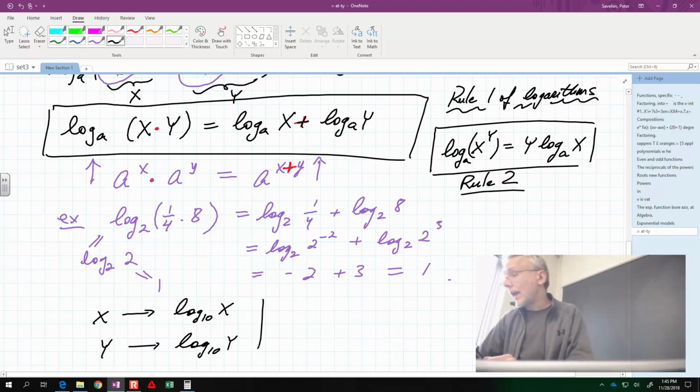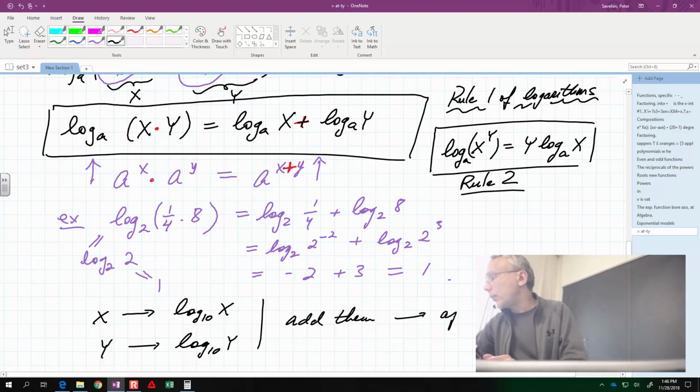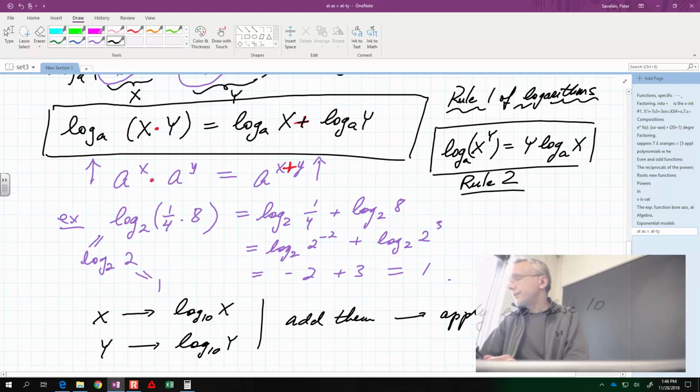Then add them together, and then apply the exponent base 10. The result is x times y.